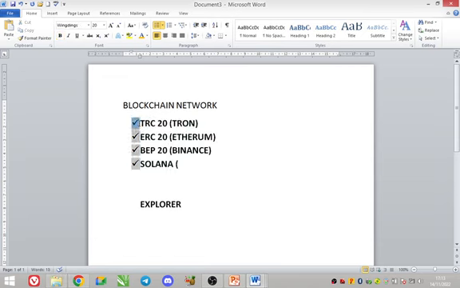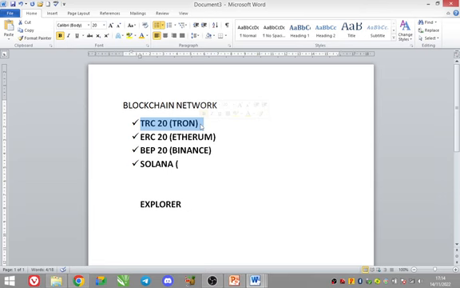What if I want to check the database of things that are going on in this TRC20, the transactions that are going on, a particular amount of token that has been bought in this network, or someone's contract address that is located in this network? How do I do all of that?